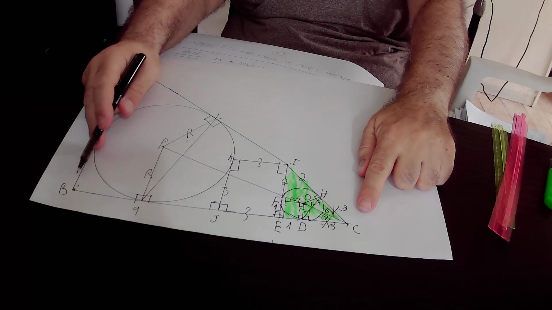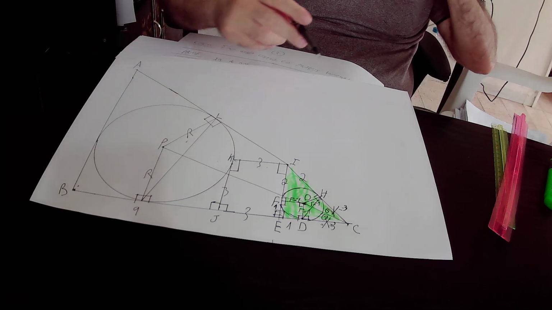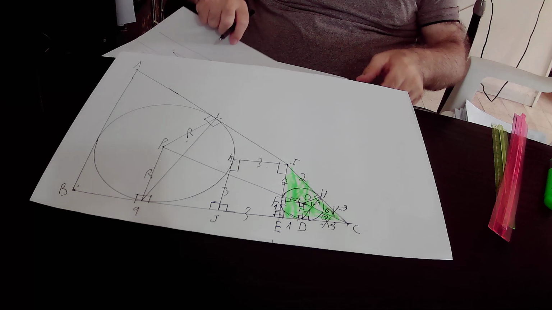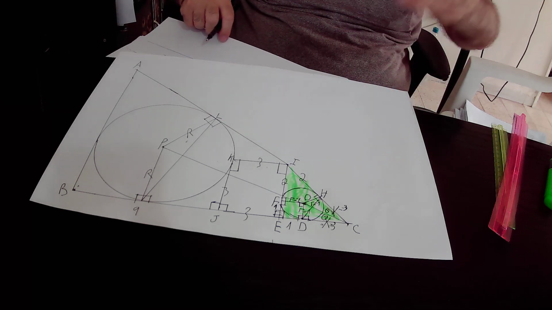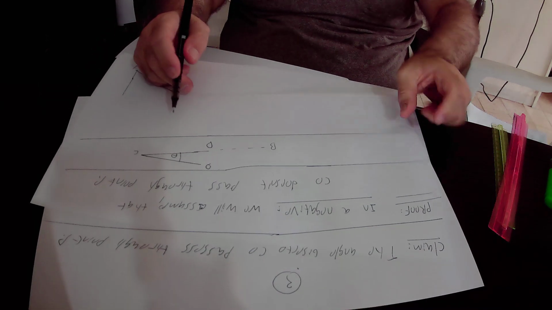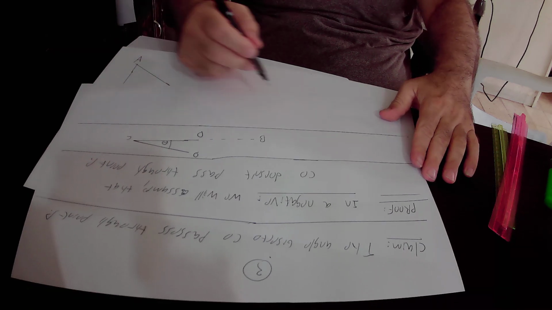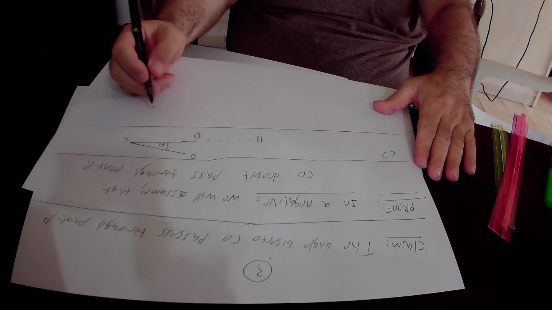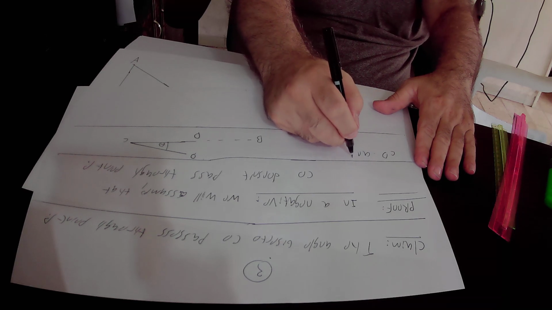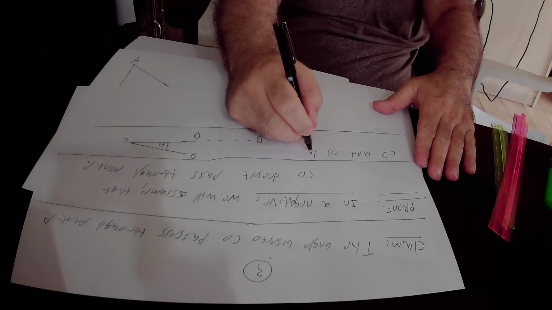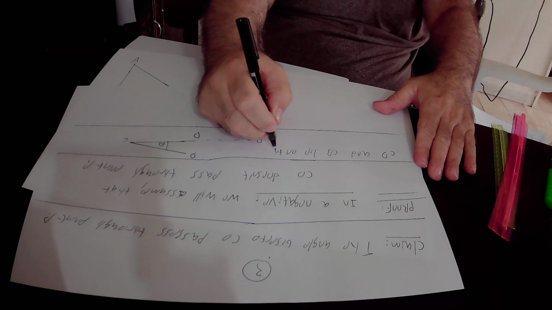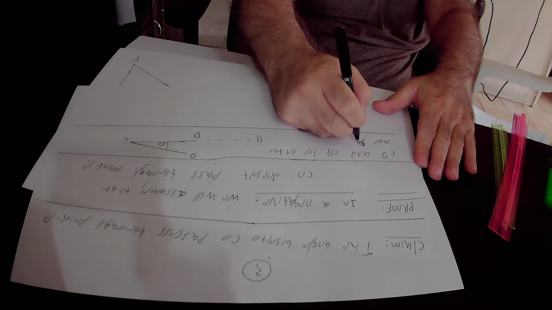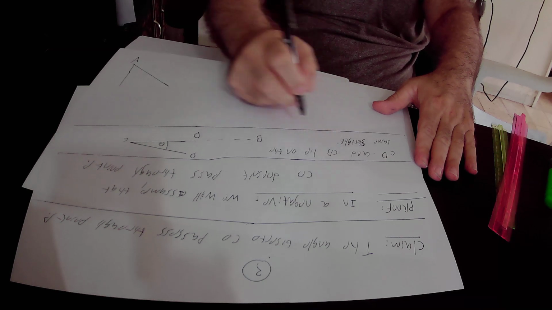So if CD is part of CB, it means that CD and CB lie on the same straight line. Why? Because CD is part of CB.